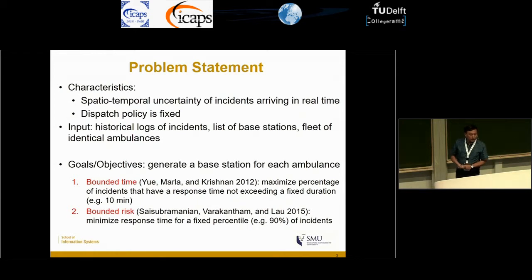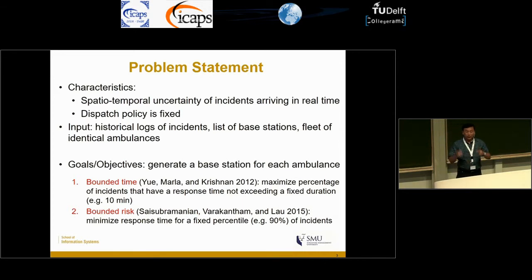So let us very quickly say that for this kind of problem, the important characteristic is that incidents are very uncertain. They arrive over a certain spatial-temporal distribution, over space, over time, and these incidents occur in real time. That means we are not going to say, I have this model, I have this input, and then I produce the allocation.